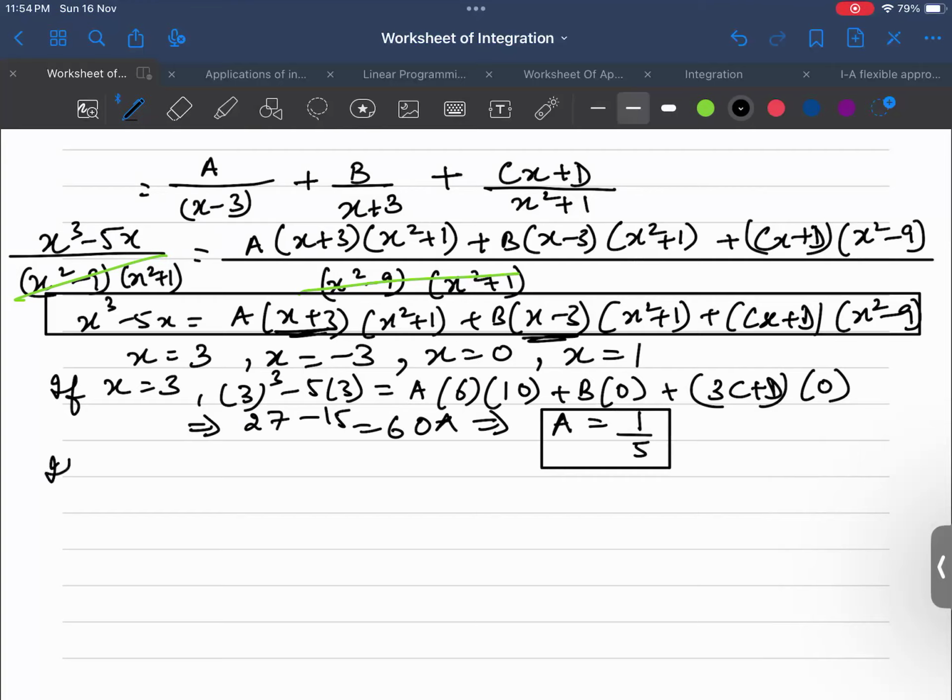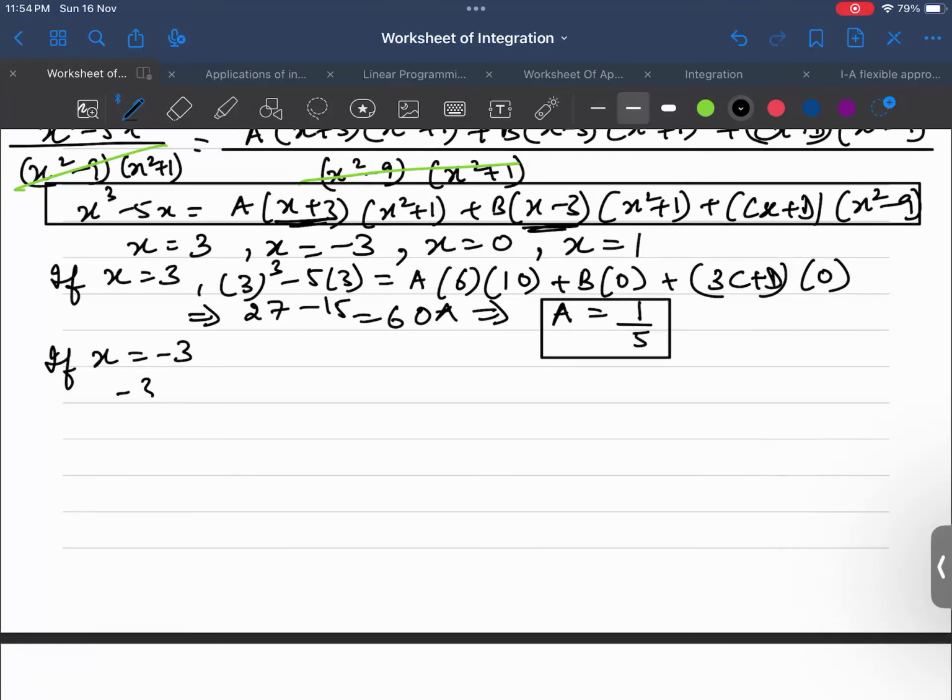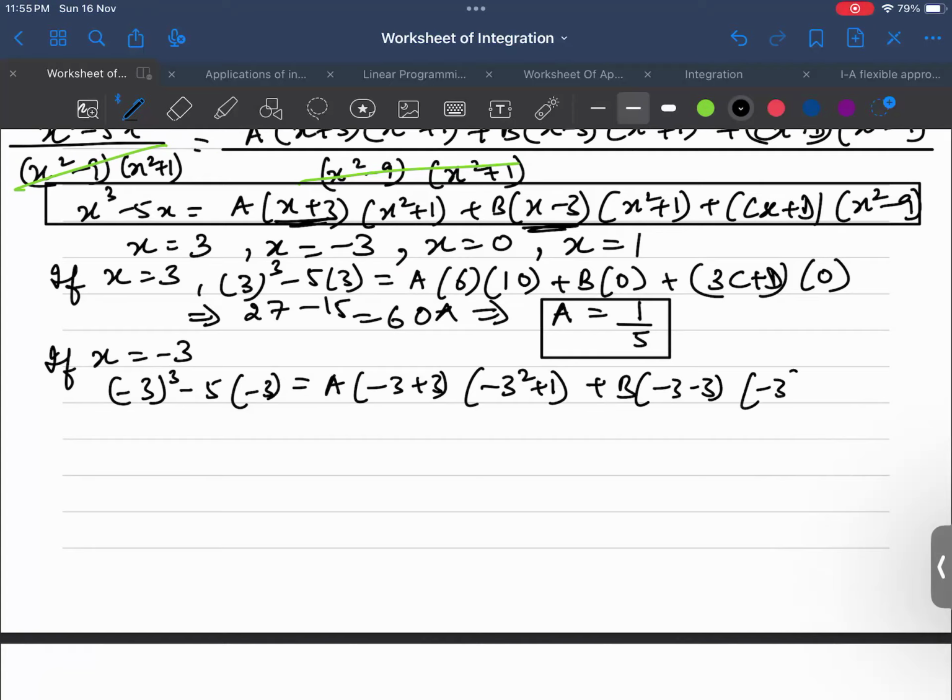Now if x equals minus 3, in that condition, minus 3 whole cube minus 5 times minus 3 equals a times minus 3 plus 3 times minus 3 square plus 1, plus b times minus 3 minus 3 times minus 3 square plus 1, plus c times minus 3 plus d times minus 3 square minus 9.